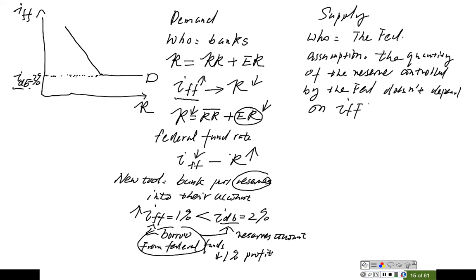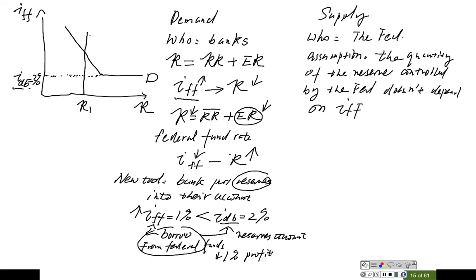So if the reserve controlled by the Fed does not depend on the federal funds rate, then you can imagine the supply curve is actually a vertical curve. It means no matter how high or how low the federal funds rate is, reserve will remain at this level here. It's not affected by the federal funds rate.